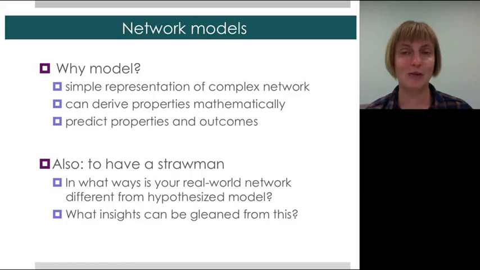So in that case, you may need to incorporate additional features into your model. For example, that some girls are intrinsically more desirable as dining table partners than others are. Or there may be other mechanisms that can lead to this discrepancy or dispersion in the degree distribution. And we will talk about some of those models this week.